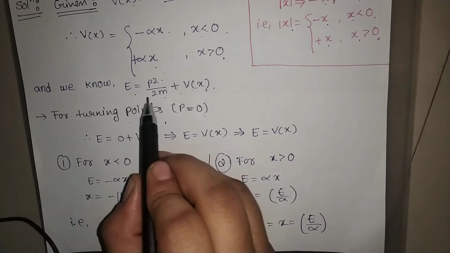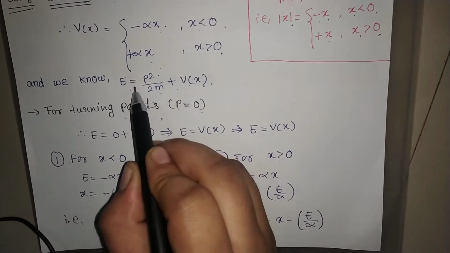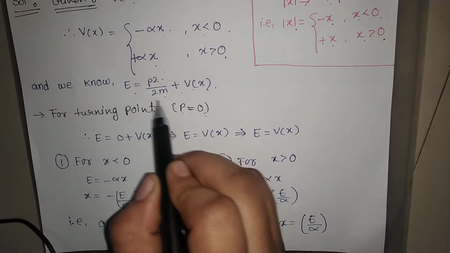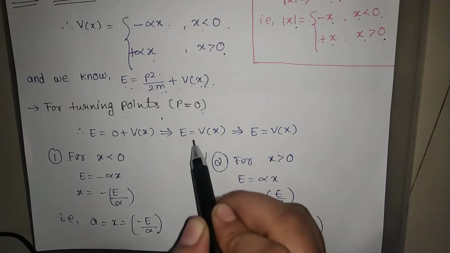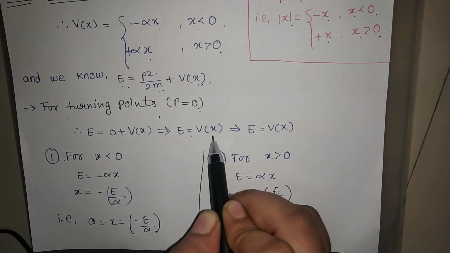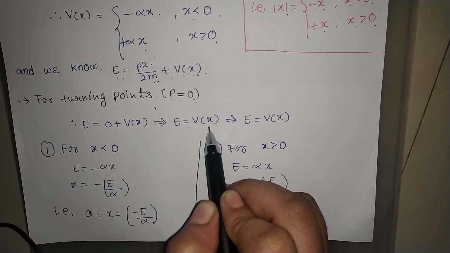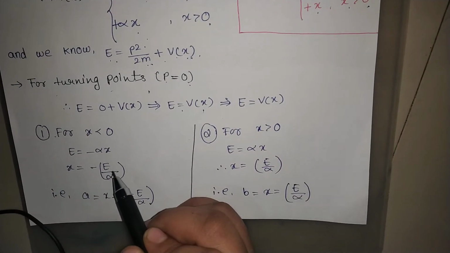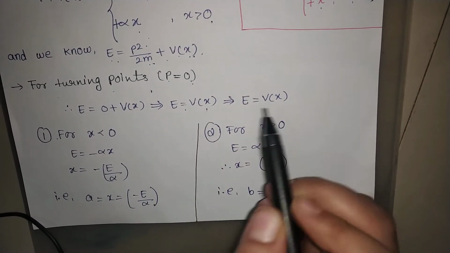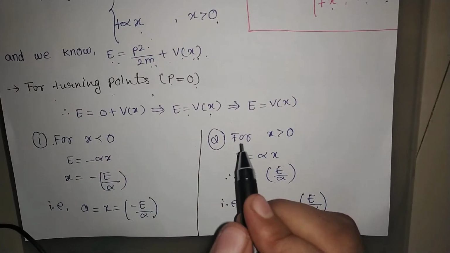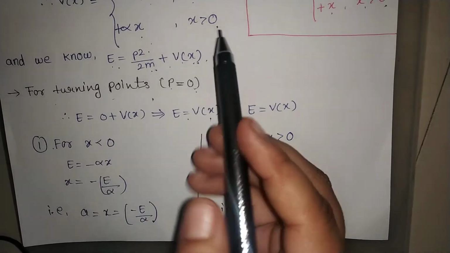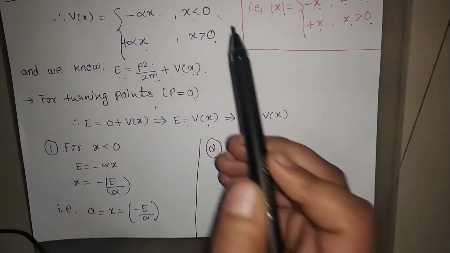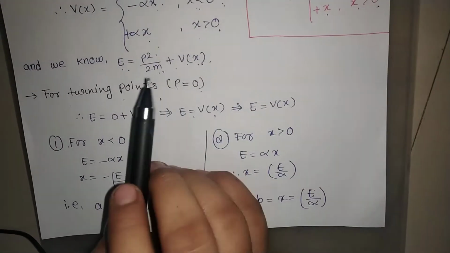As momentum is 0, if we put P equal to 0 here, we will get E equals V of x, that is the potential. Now we have to find the values of A and B, the turning points given in the question. First we will determine for x less than 0, then for x greater than 0.